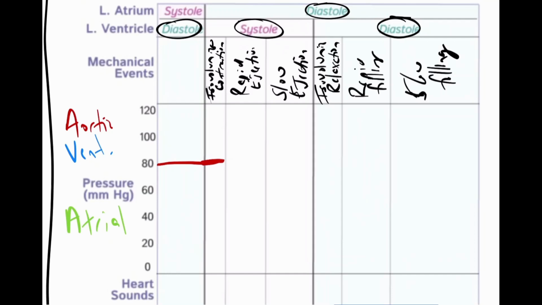Now, we are ejecting the blood, right? So, we're going to go up to 120 and come back down to there. When systole stops, we have a little bump in the aortic pressures called that dicrotic notch. It's right here.